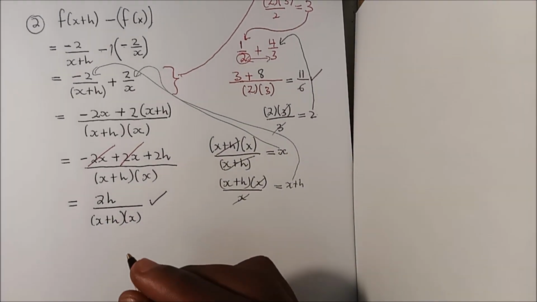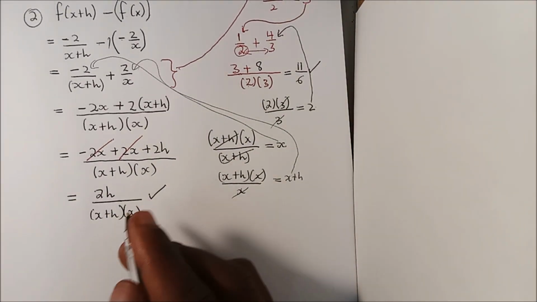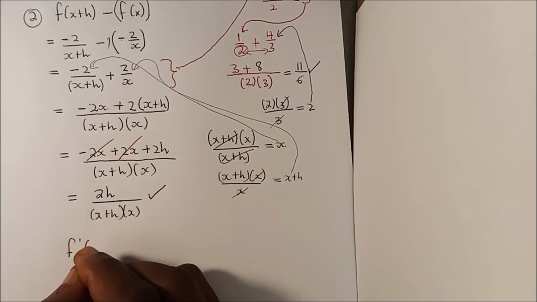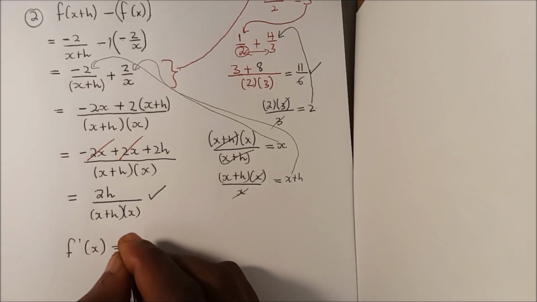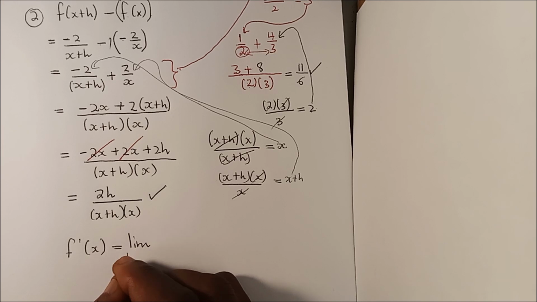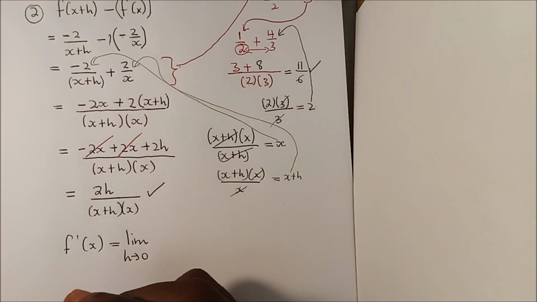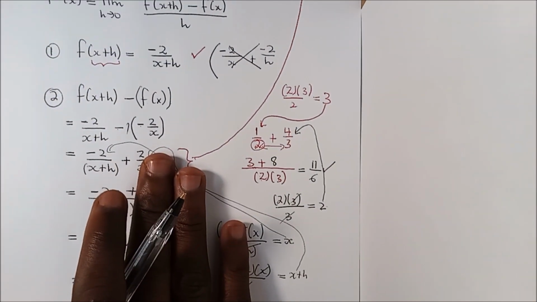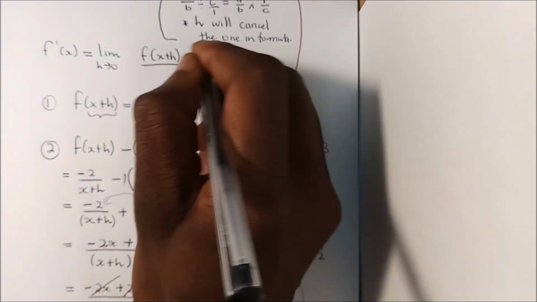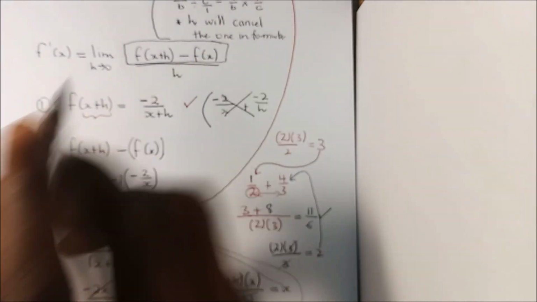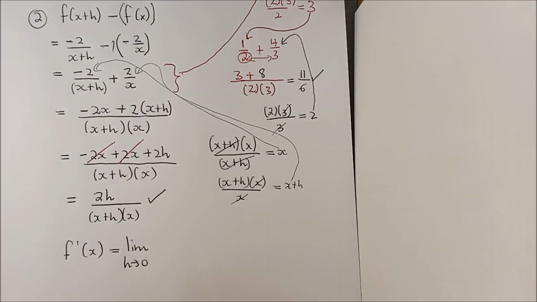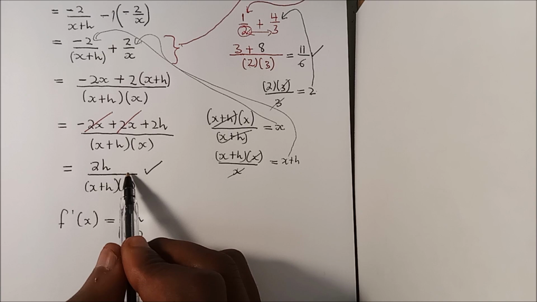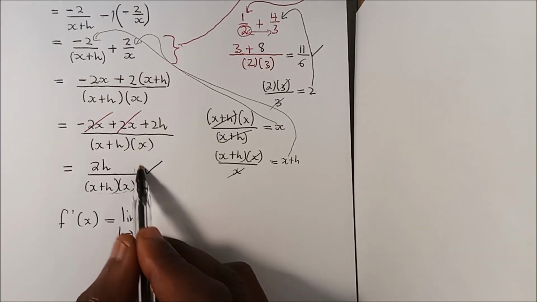Now remember, after you are done with step 2, you consider your formula. I want to show you the part that you need to take into account. We find it in step 2. What is our step 2? The final answer, the one with the tick. This is our step 2.